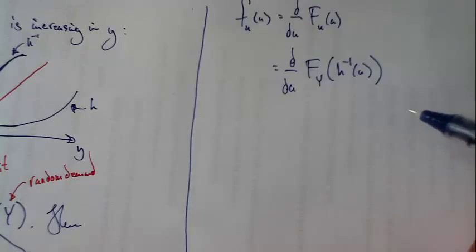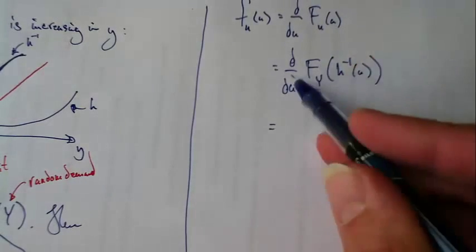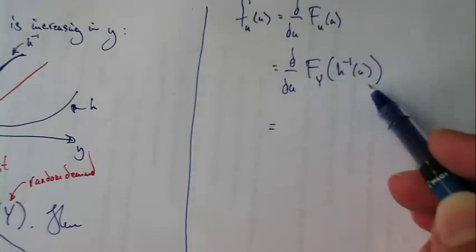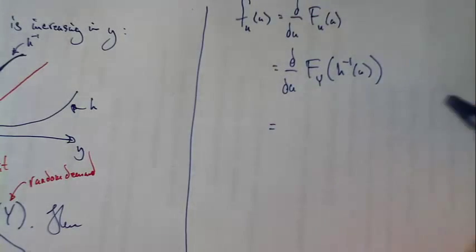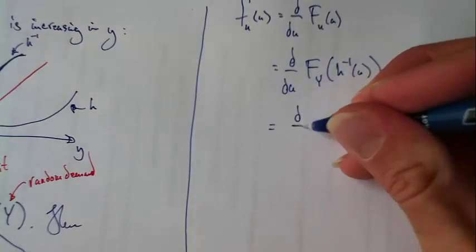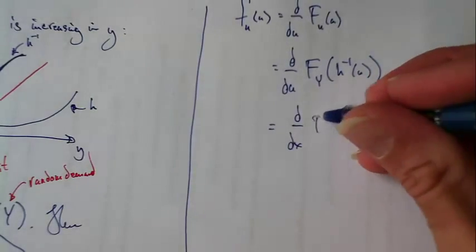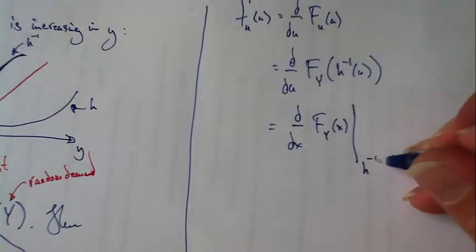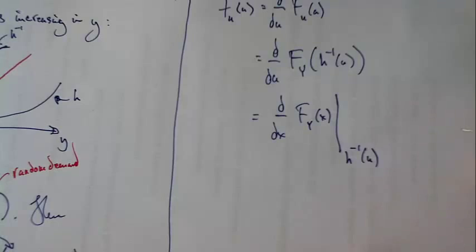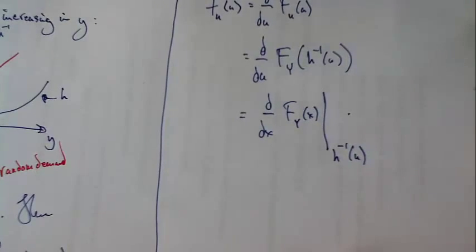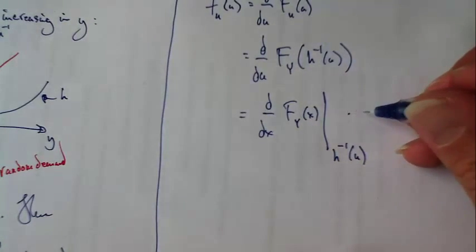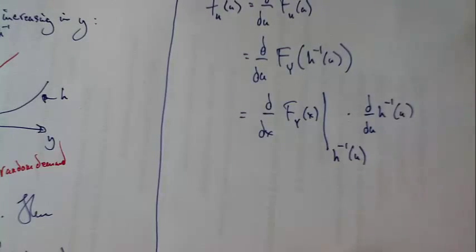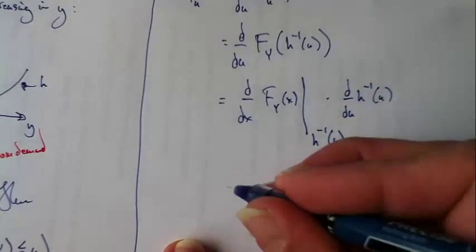Now, if I carry this out, how do you take the derivative of all this? It's a function of u. Well, I could think of it like this: it's d dx of f sub y of x evaluated at h inverse of u, times the derivative of the argument, d du of h inverse of u.